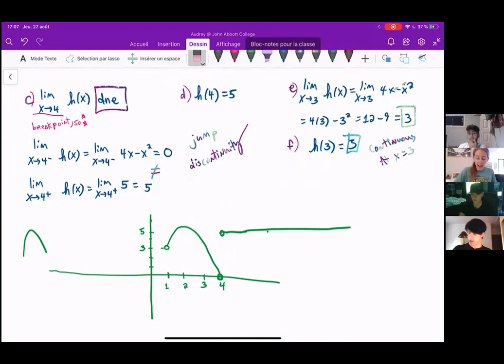Now, on the left side of 1, what function do we have? 4 minus x. What shape is that? It's a straight line, going downwards. And is it going to be like this, or is it going to be like this? What kind of slope is it going to have? Am I going to go up away from the point, or am I going to go down away from it?